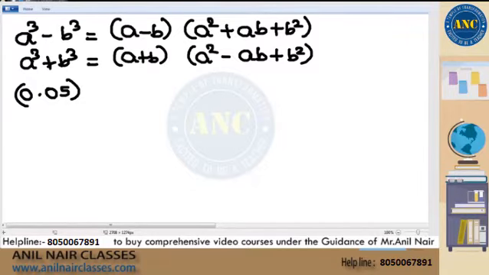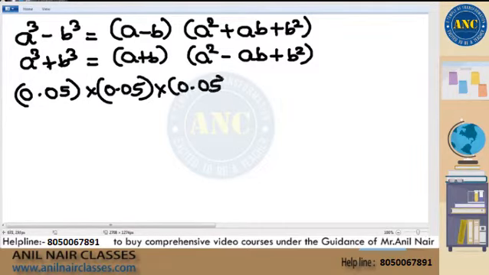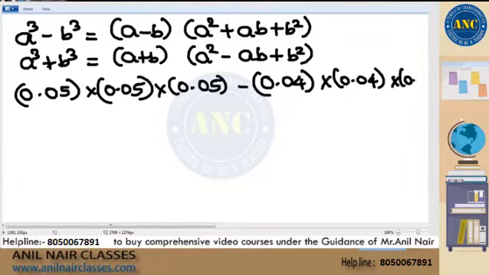0.05 into 0.05, again into 0.05. So 0.05 is multiplied 3 times, minus 0.04 into 0.04 into 0.04, which is also multiplied 3 times.